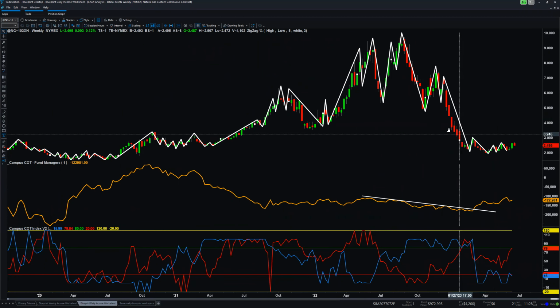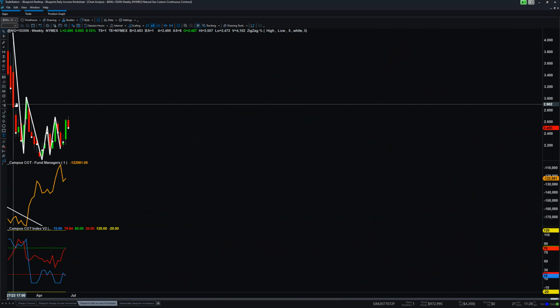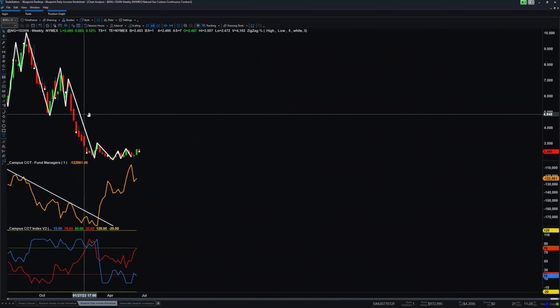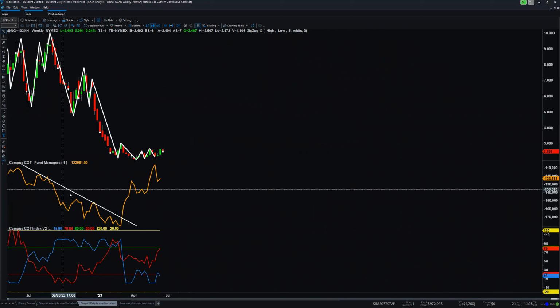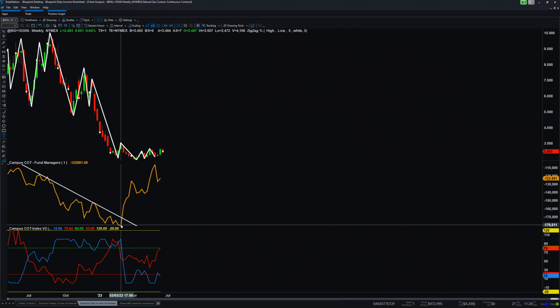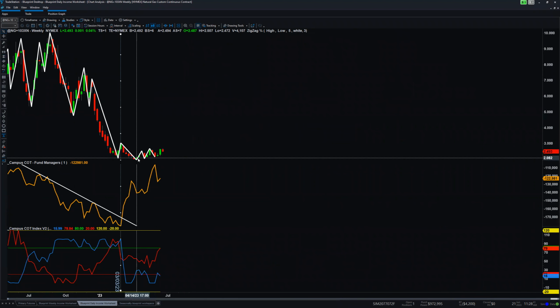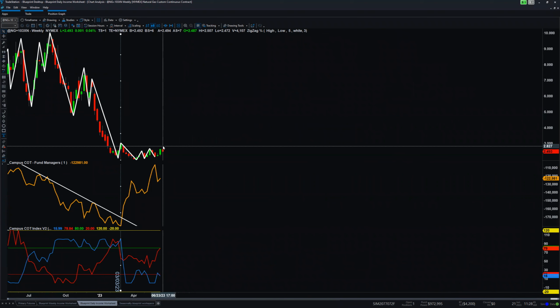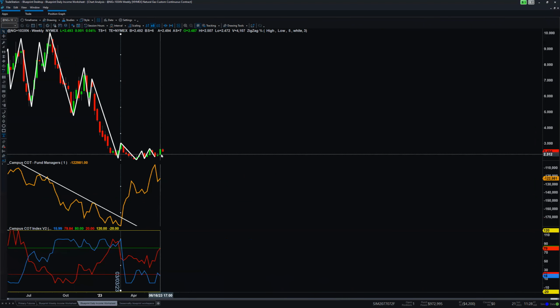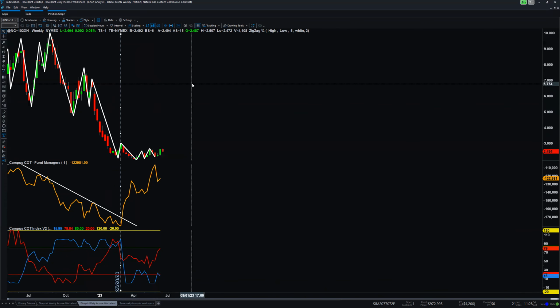I know this is kind of gonna be skewed here, but here we can see that the non-commercials broke out of a range, which then means that from here we should be expecting the lows to come in eventually. And it may seem like the lows have come in. So what we're just gonna do is we'll predict this bell curve here, and we'll predict price to go higher.